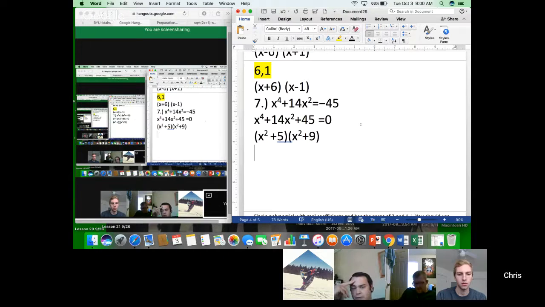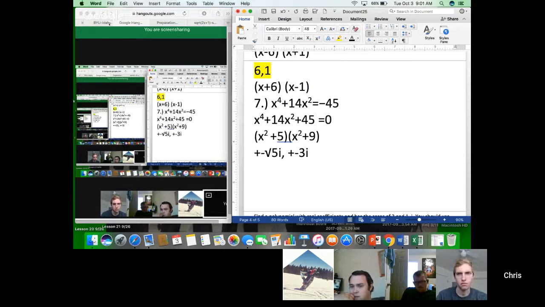It'd be square root of 5i, and of course negative, because they're always positive or negative. So it'd be positive negative square root of 5i. And then if you did the square root of 9, it'd just be positive and negative 3i.